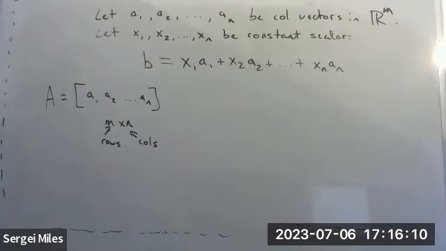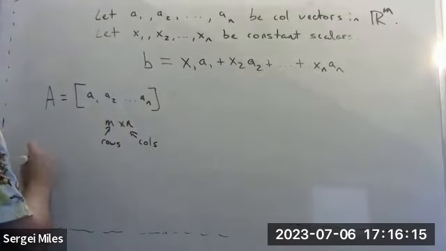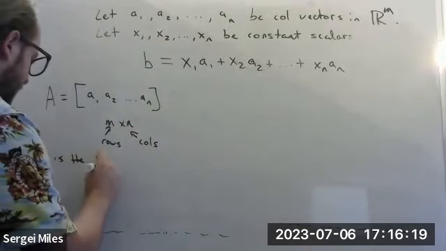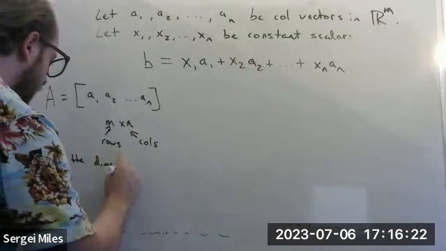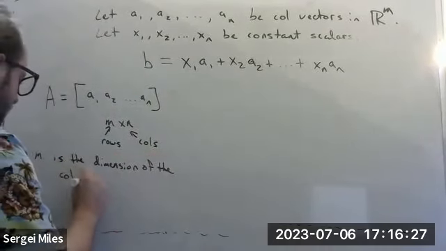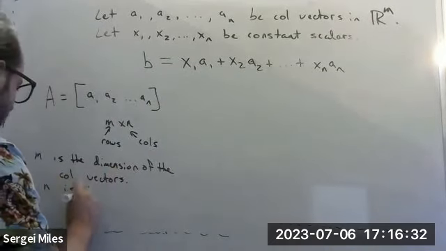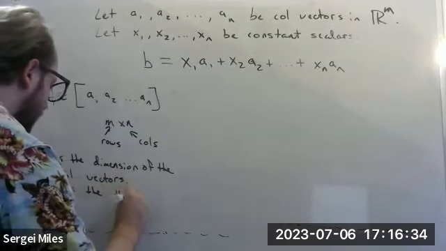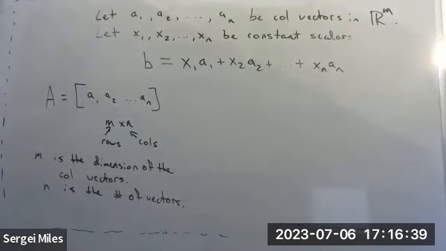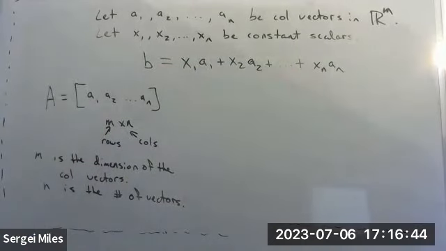Okay. So m refers to the dimension of the column vectors, and n is the number of vectors that we're using in the linear combination. All right, great.